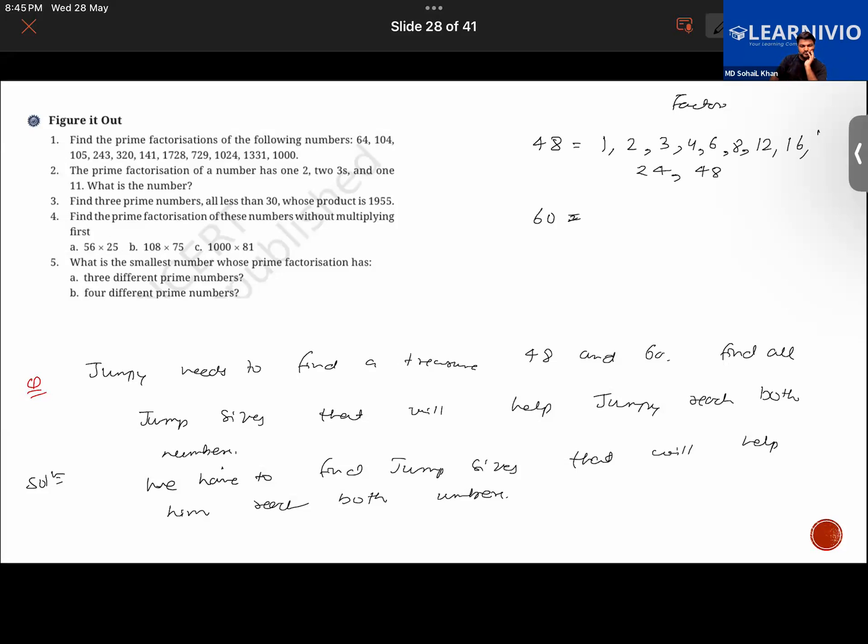Habib, you will mention the factors of 60. Factors of 60 are 1, 2, 3, 4, 5, 6, 8, 10, 12.